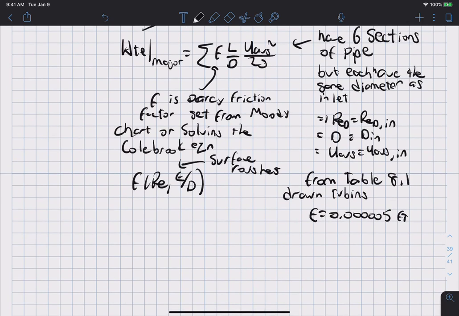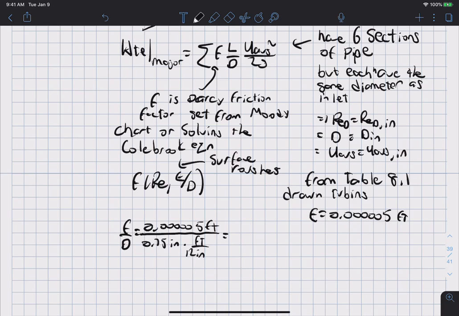So then the relative roughness, epsilon over D, equals 0.000005 feet divided by the diameter, which is 3/4 of an inch, or 0.75 inches, times 1 foot per 12 inches.